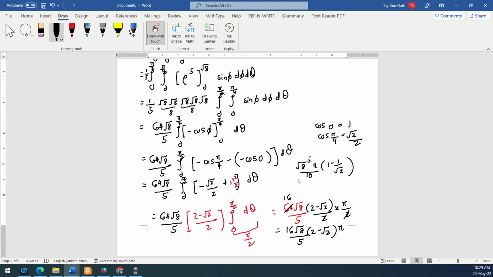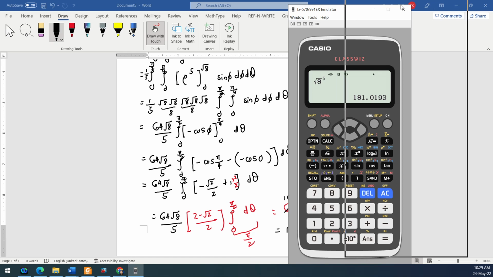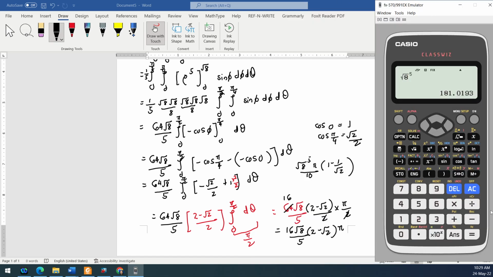To compare, we may change both to floating point to see whether they are the same. There is root 8 to the power 5, pi no need to change, divided by 10.